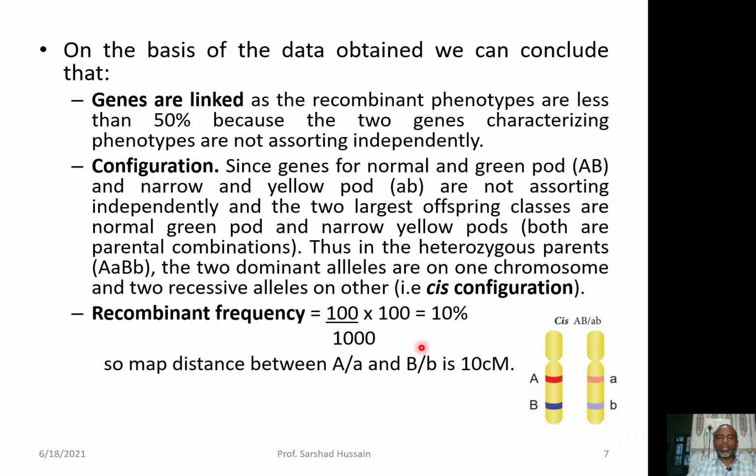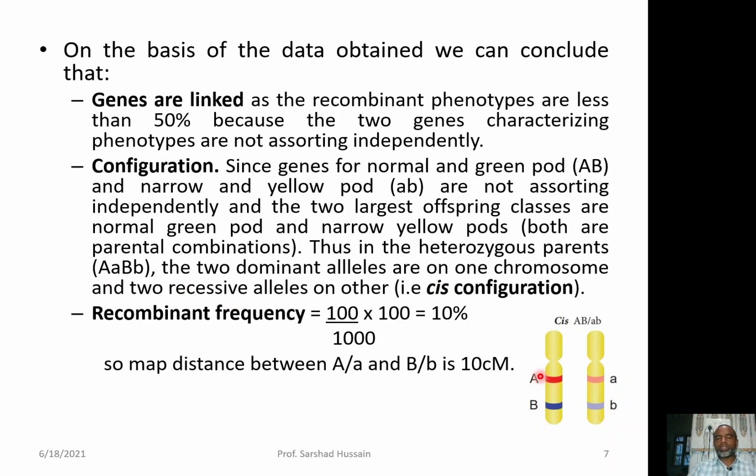Now, let us look at the configuration. Since the genes for normal and green pod and narrow and yellow pod are not assorting independently, and the two largest offspring classes are normal green and narrow yellow pod, both are parental combinations. Because the parental combination is more, in the heterozygous parent Aa Bb, the two dominant alleles are on one chromosome and the two recessive alleles are on the other chromosome.